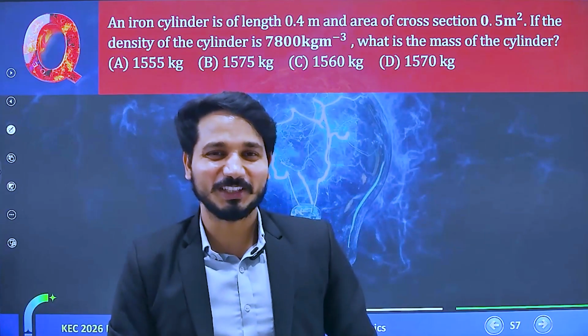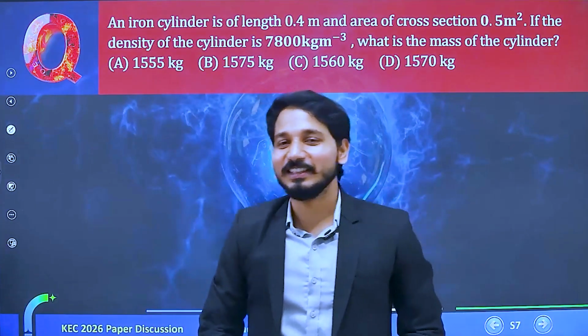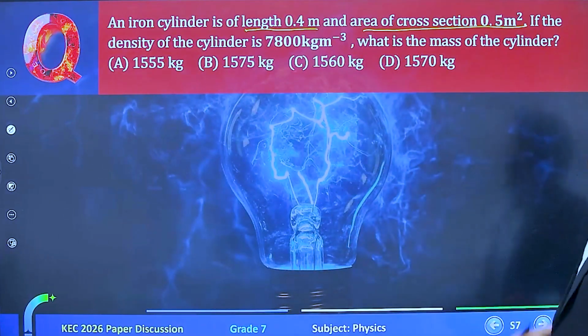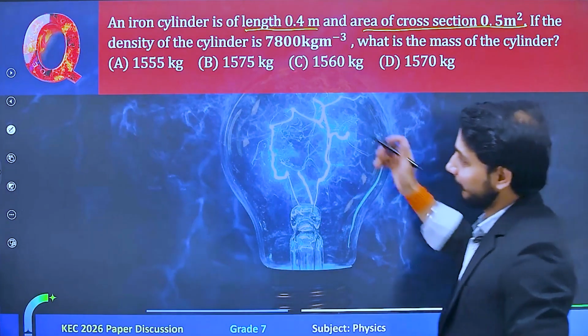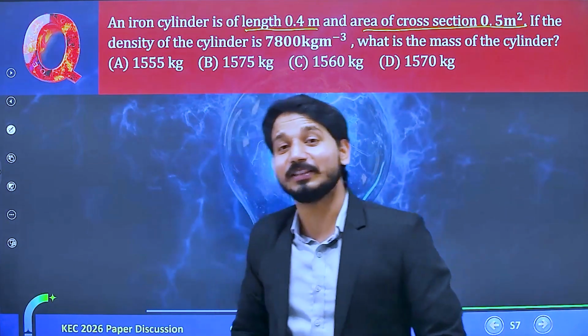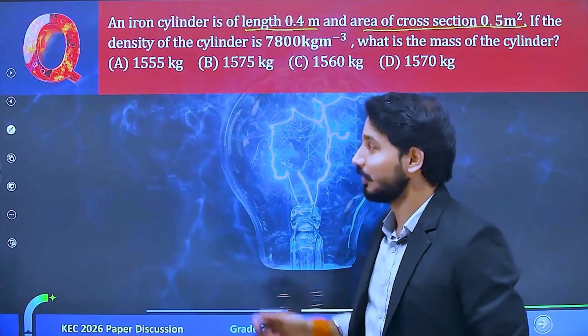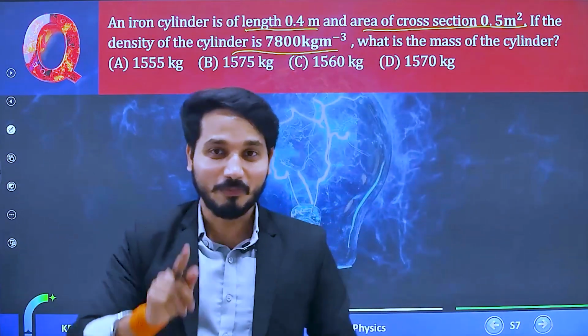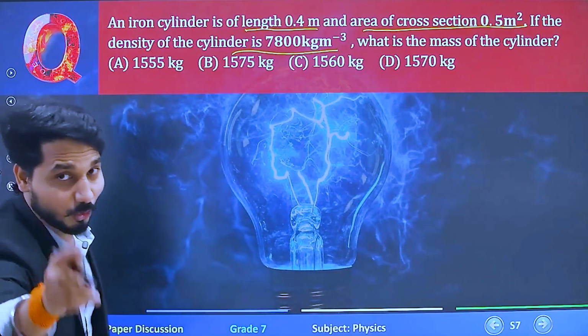A big challenging question. An iron cylinder of length 0.4 meter and area of cross section 0.5 meter square. If the density of the cylinder is 7,800 kilogram per meter cube, what is the mass of the cylinder? First, for solving numericals, we will note down what is given.